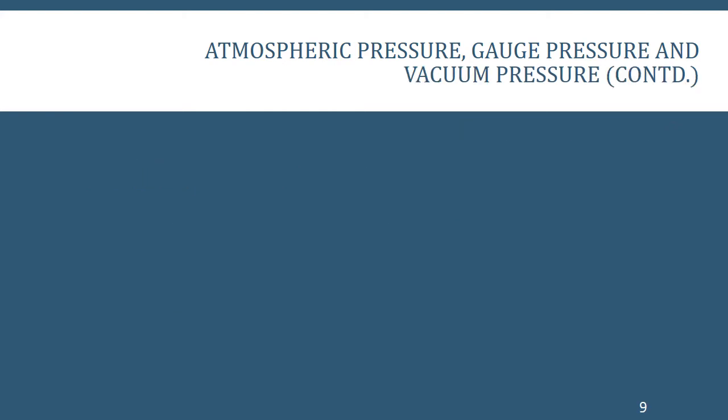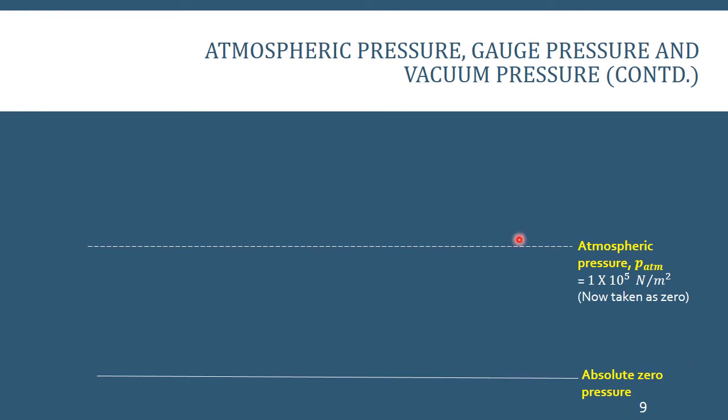So this would be a small pictorial representation or a graphical representation, if you may, which shows the relationship between atmospheric pressure, gauge pressure, and vacuum pressure. So this is absolute zero pressure, and this is your atmospheric pressure represented as P atmosphere.